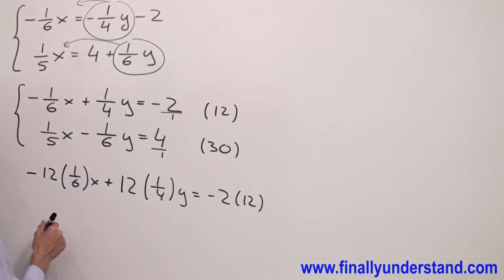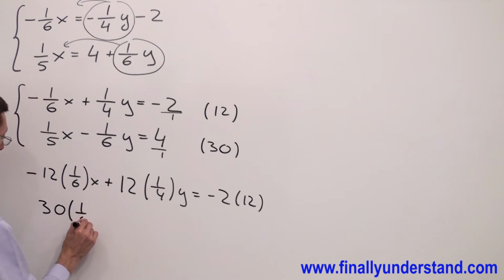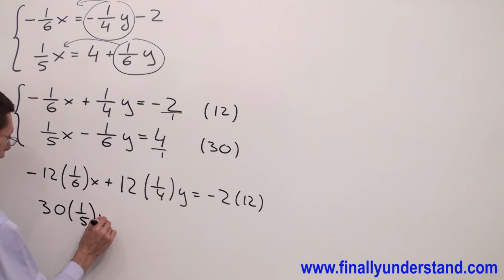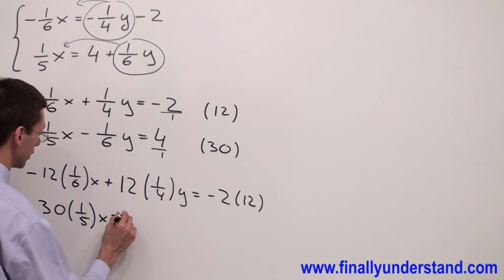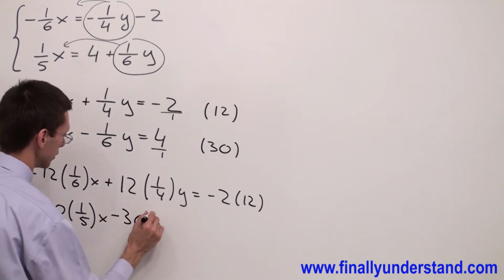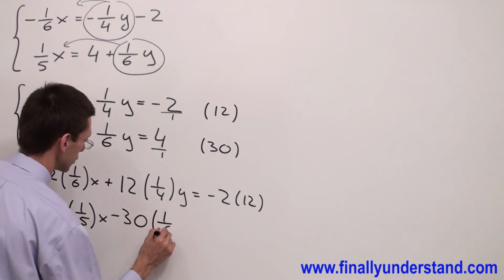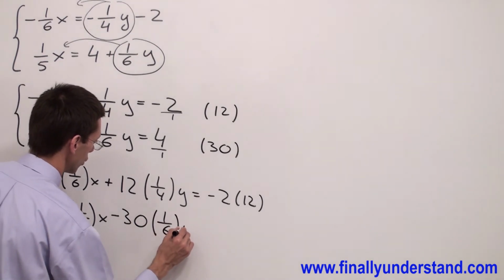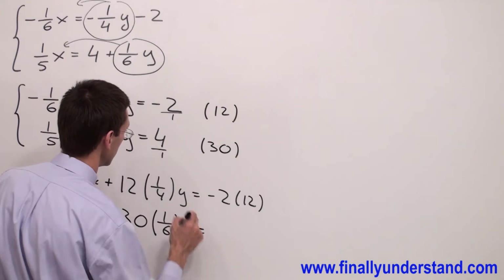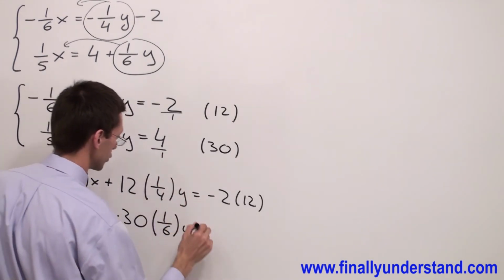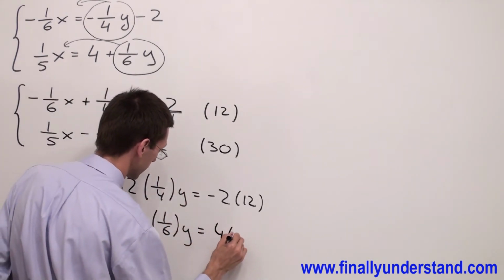And in the second equation, I have 30 times 1/5 x minus 30 times 1/6 y equals 4 times 30. I'm doing everything step by step.